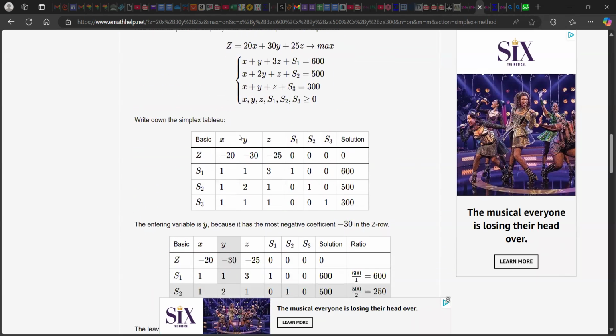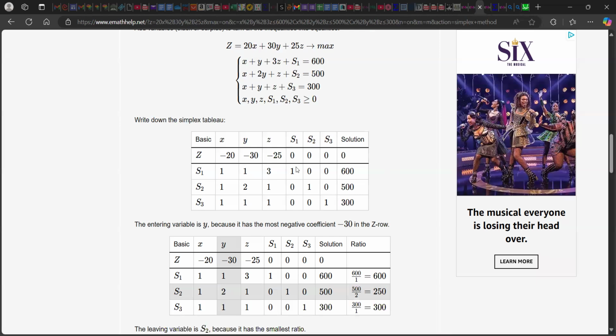So we make up our tableau, our table, right? We introduce our slack variables, S1, S2, S3. Put them in there, X, Y, Z, S1, S2, S3, everything in there. And we start the process now.